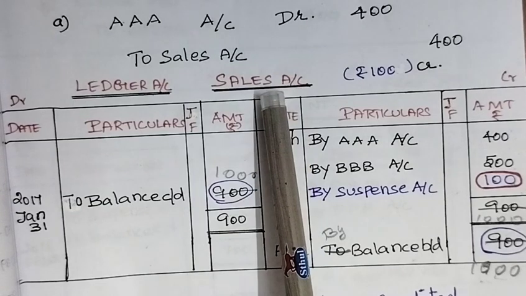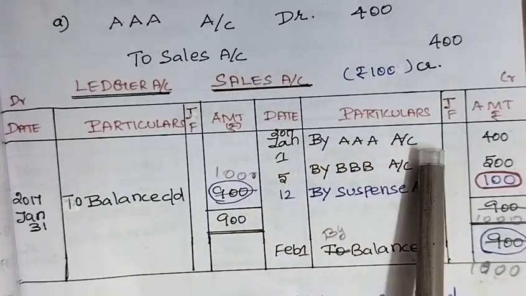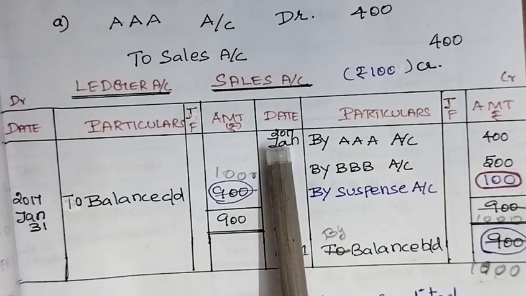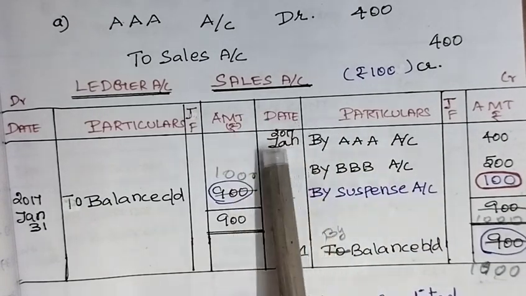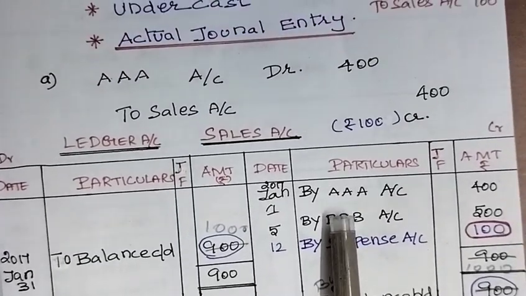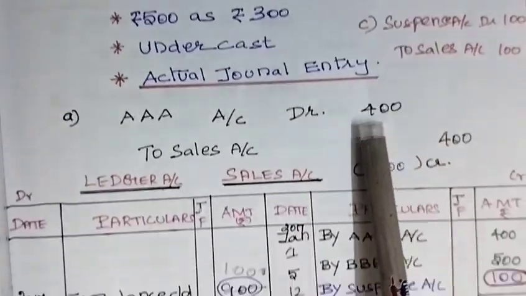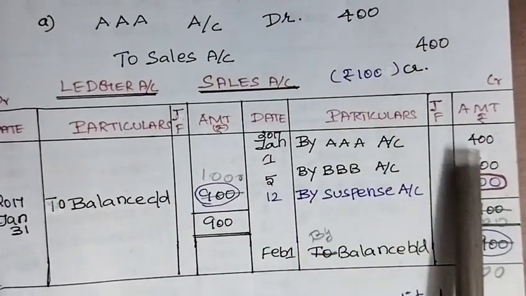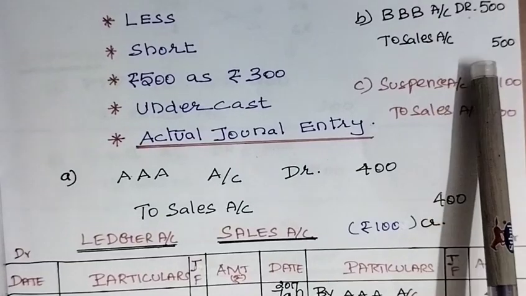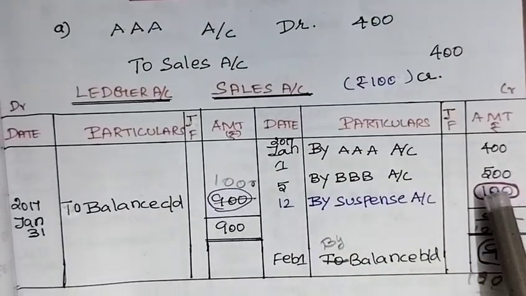The sales account is always shown on the credit side, so we go to the credit side. I have taken the date 2017 January 1. The opposite accounts are AAA account and BBB account, so I have written here: by AAA account rupees 400, and by BBB account 500 rupees.